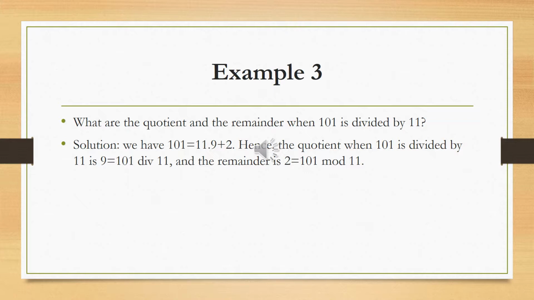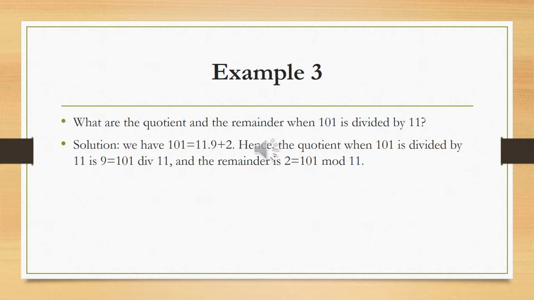Example 3. What are the quotient and the remainder when 101 is divided by 11? Solution. We can express 101 to be equal to 11 times 9 plus 2.